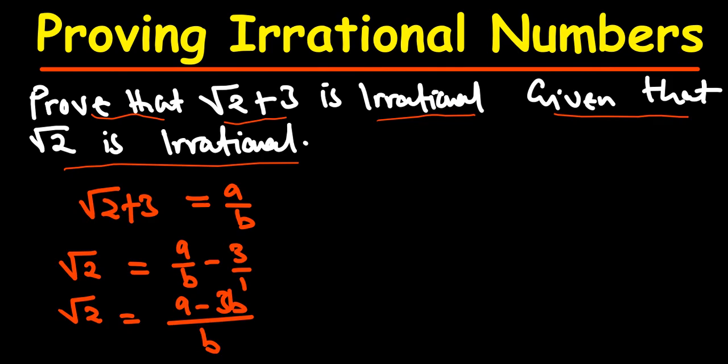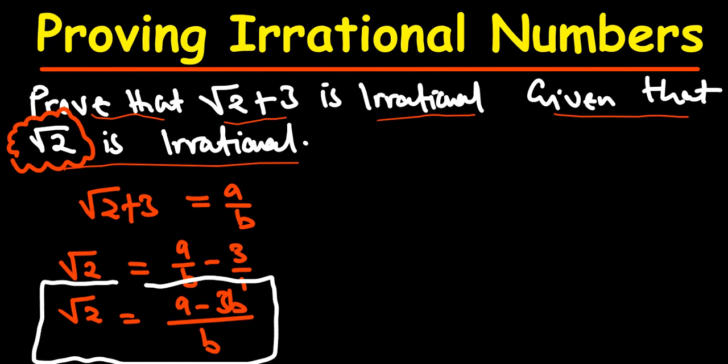So from there what do we see? We see a contradiction, because remember in the question we've been told that the root of 2 is irrational. But from this equation, on my left hand side I have an irrational number, and on my right I have a rational number. Remember we said a and b are integers.